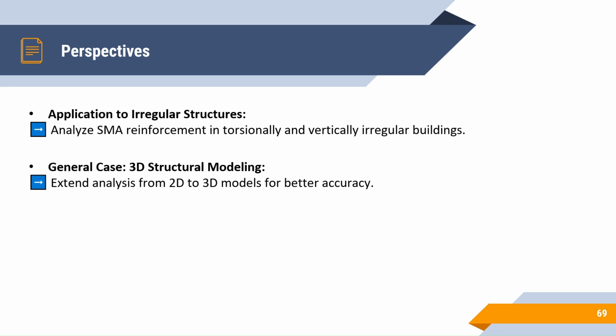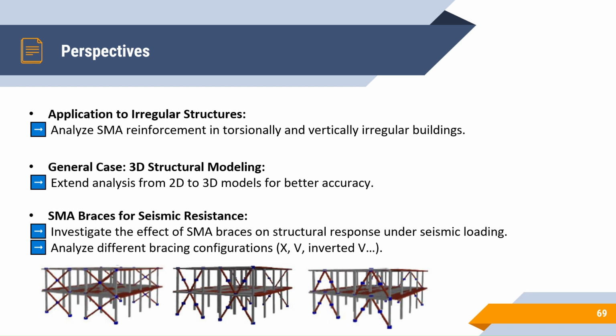This shift will provide more accurate results, capturing multidimensional seismic effects. Finally, by analyzing different bracing systems and configurations such as X, V, and inverted V, we aim to understand their impacts and how they can improve seismic performance.